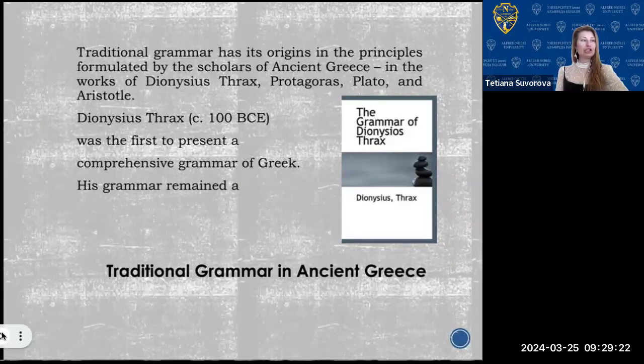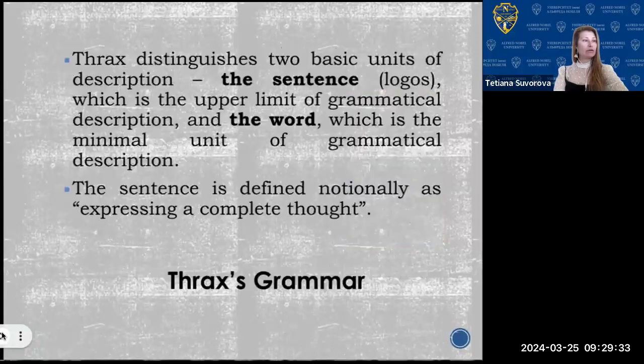And it nicely described already the language in respect of the parts of speech and the differentiation of the language structures into sentences. Of course, that term wasn't used at those times. These were logos, and the word itself was considered at those times to be the minimum unit of grammatical description.